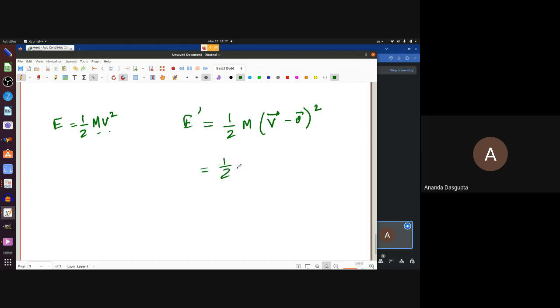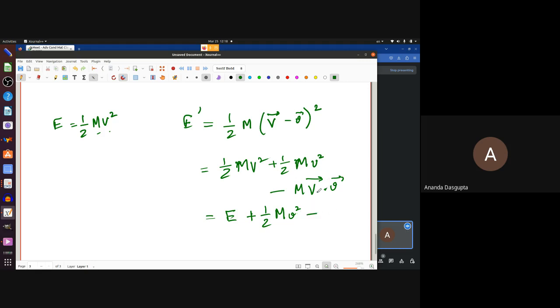Standard relative velocity formula, nothing else. But now you can immediately expand this out and see that you get three terms on the square. So E prime, the new value of the energy, and when I say new energy I mean energy in this new frame, is the energy in the old frame plus half capital M v squared, where v is the velocity of one frame with respect to the other, minus P dot v.